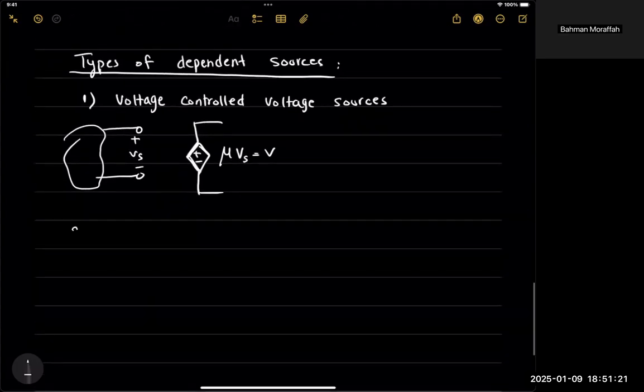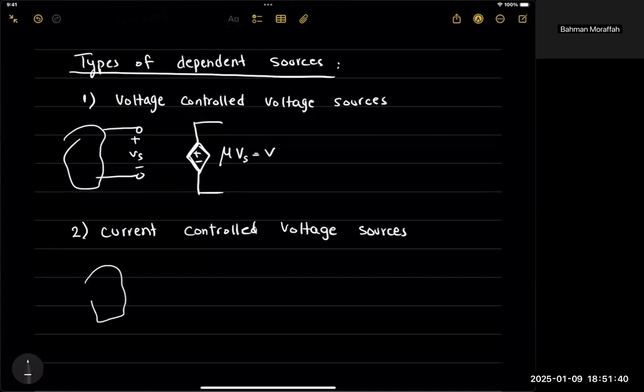Another type is current controlled voltage sources, which is basically a dependent voltage source whose value is controlled by a current somewhere in the circuit.